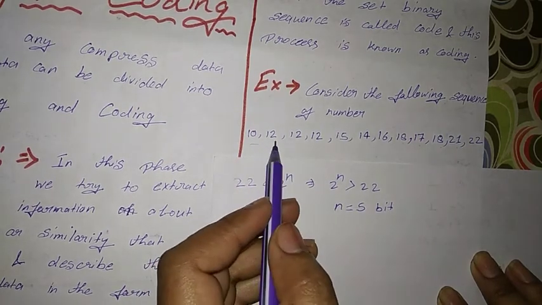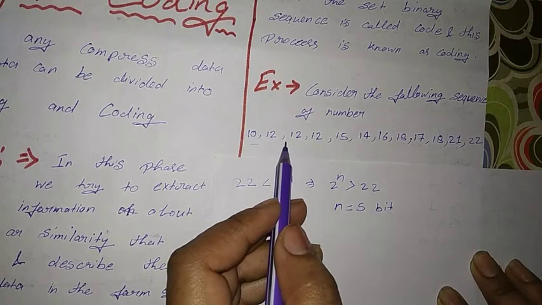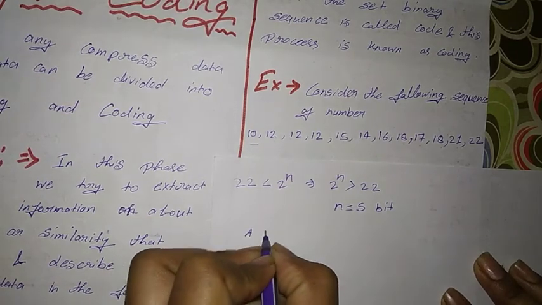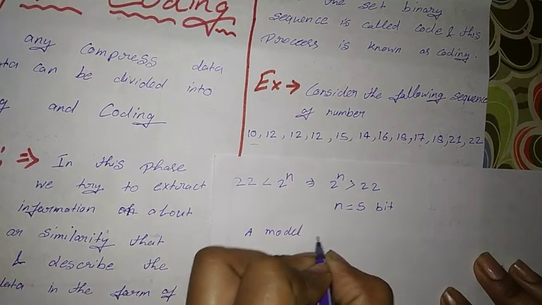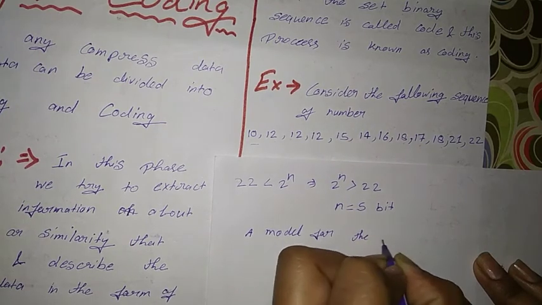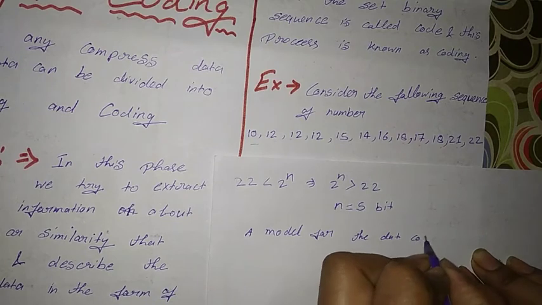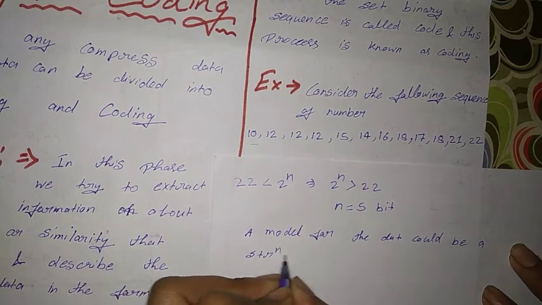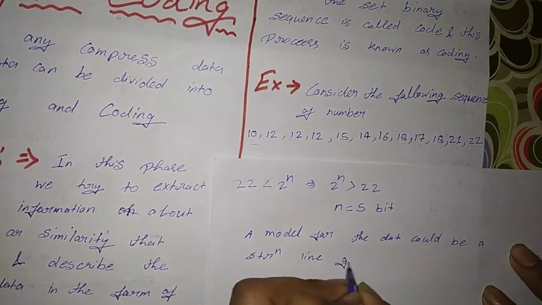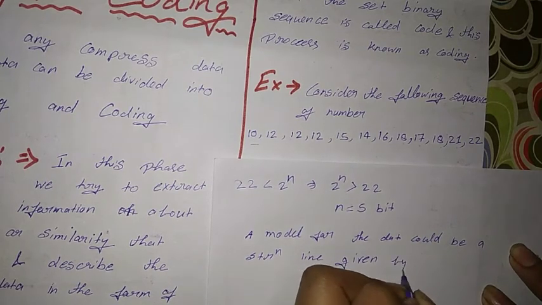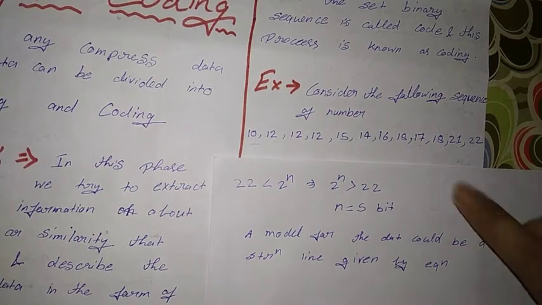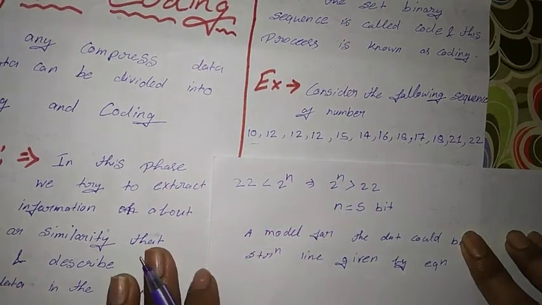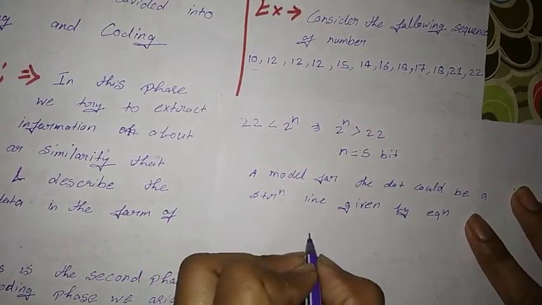Firstly, you see these numbers: they represent a straight line, and you can represent this straight line by an equation.